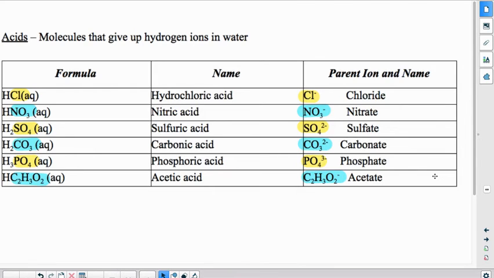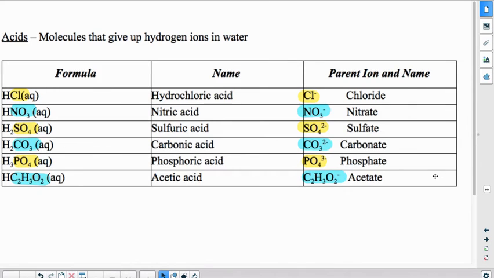The remainder of these common acids are made from polyatomic ions, all of which end in ATE. The rule for naming acids is that if the parent ion ends in ATE, the acid name will be changed to end in ic. Thus, nitrate becomes nitric acid, sulfate becomes sulfuric acid, and so on and so forth.